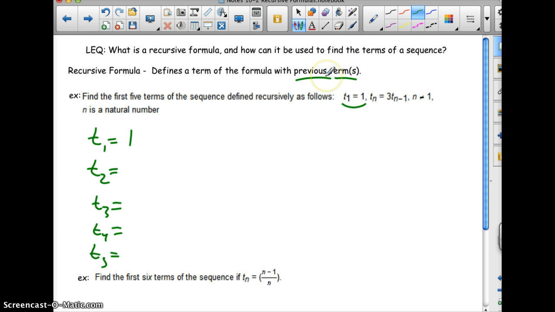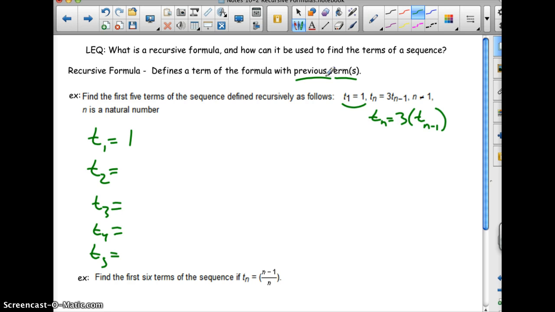Now, notice here, this says T sub n, that's the nth term, is 3 times T sub n minus 1. It's helpful if you kind of add some parentheses in here and think of it like that, all right? And then it says n cannot equal 1 because, well, it's already defined what T sub 1 is. So it's going to just jump in with the next term after, greater than 1, n is 2.